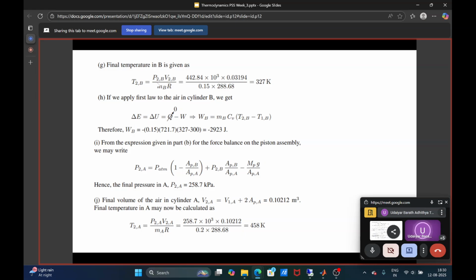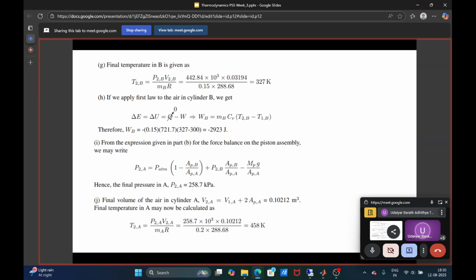Substituting the values, P2 is 442.84, V2 is 0.03194, which we have calculated, mass is 0.15 and R is 288.68. This gives the temperature of the gas in cylinder B at the final condition as 327 Kelvin.